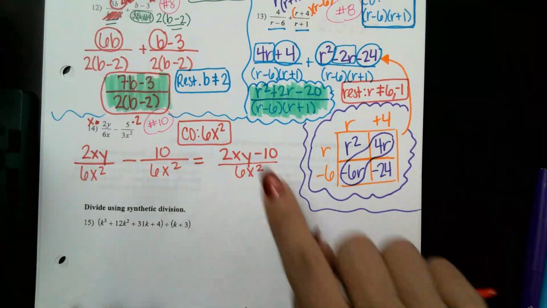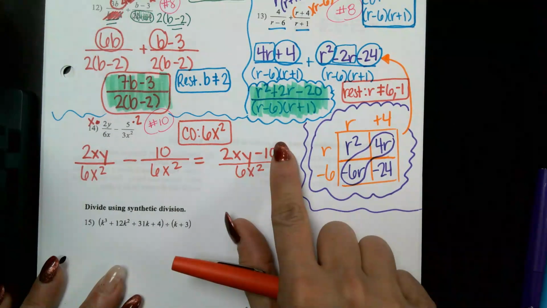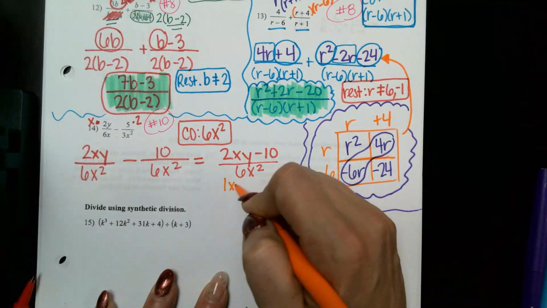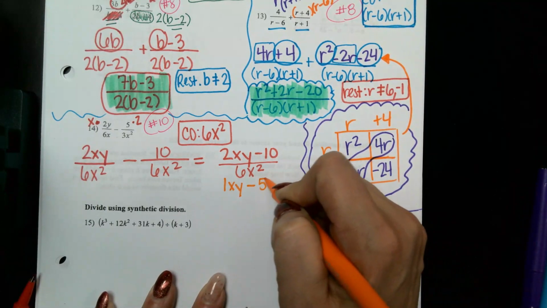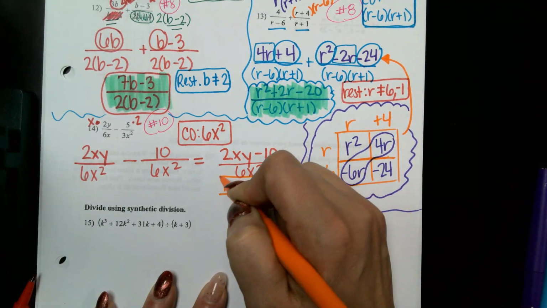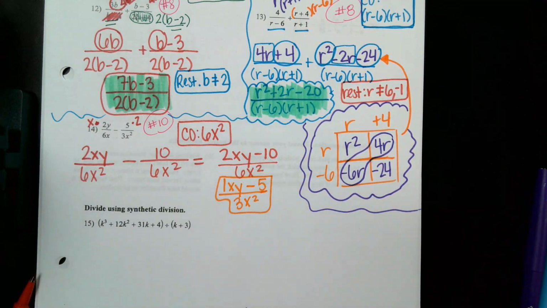If all of them had a y, but they don't. Are all of those divisible by 2? Can't we divide the three numbers by 2 and reduce it? Okay, so this would become 1xy minus 5 over 3x squared. So you should always try to reduce it at the end if you can. There are going to be times when you can't reduce it, but if you can, you need to.